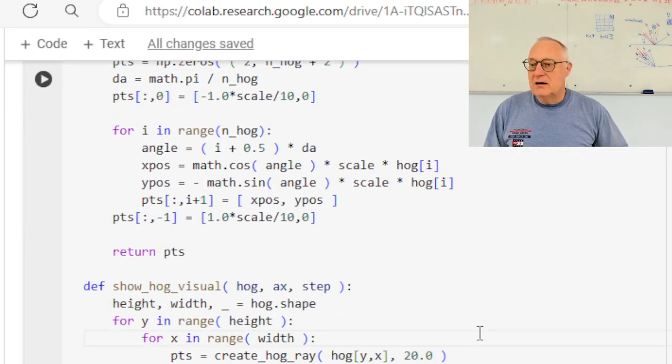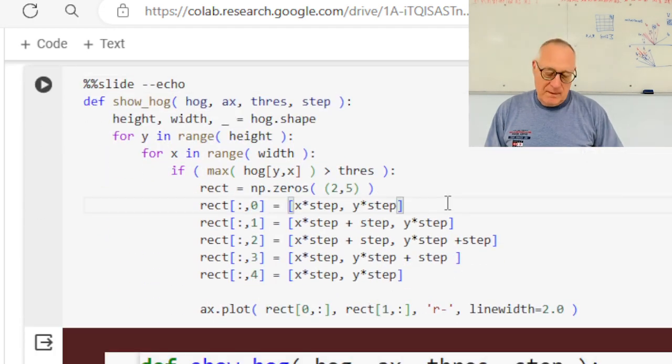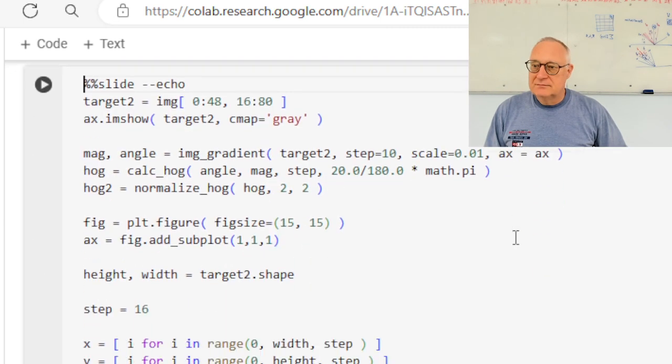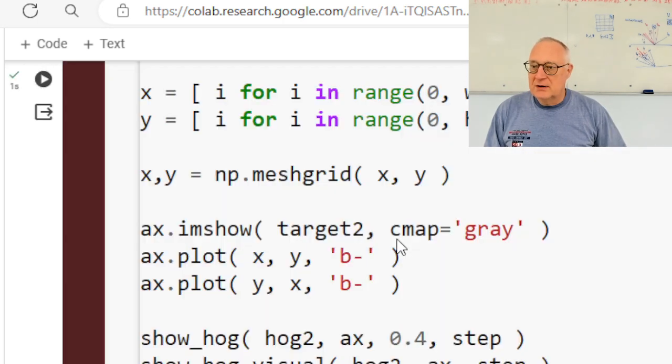And now I can show the HOG as a ray, like a little visualization. Let's step through and then I can show the image.